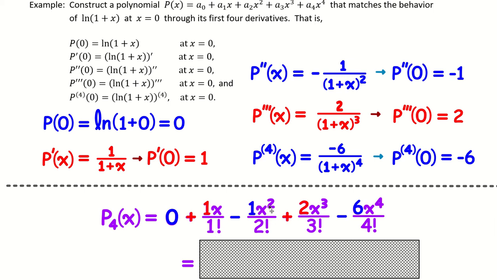This is x to the second all over 2 factorial with this -1 in the numerator of the coefficient. From the third derivative, we got 2, so we have a 2 right here, x to the third all over 3 factorial. And then the -6 goes here along with x to the fourth over 4 factorial.